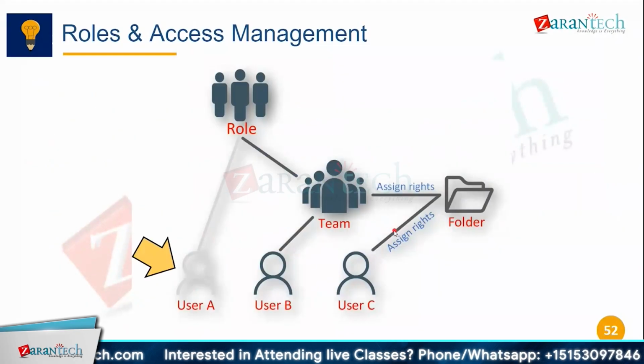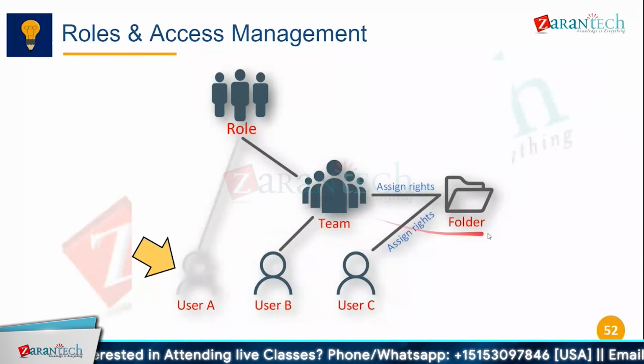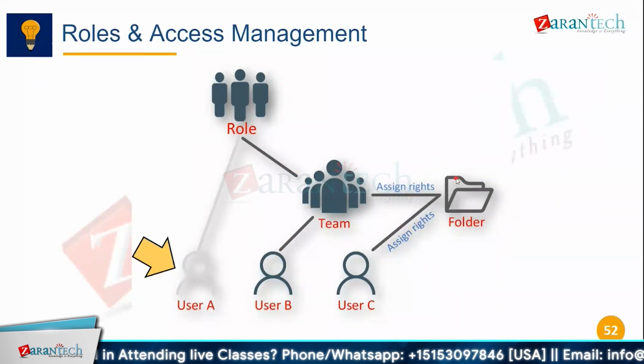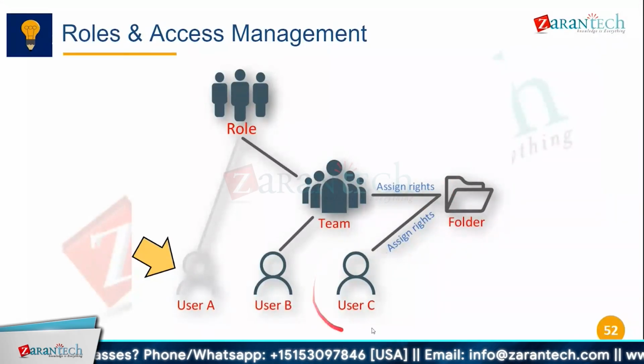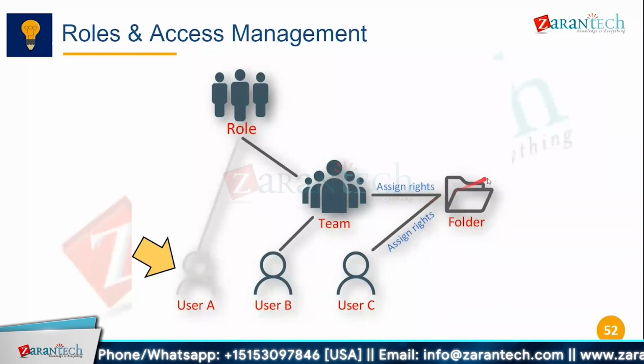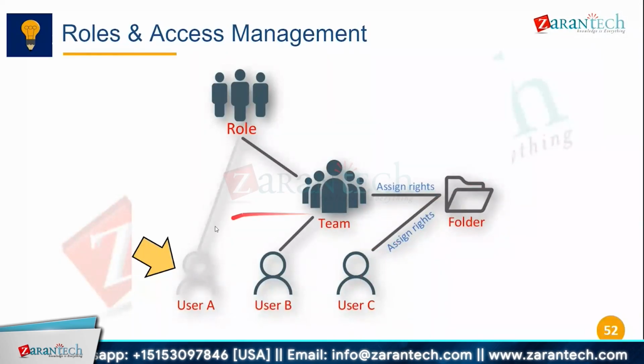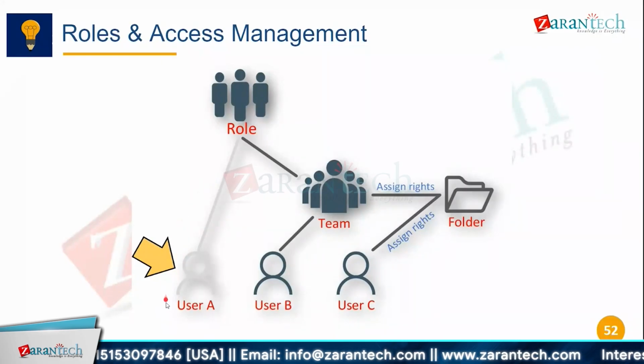So it is always suggested to maintain teams and then assign these teams to the folders. Because if you assign individual users, for example, you created a folder and there is a person C, and only C has access to this folder, and you delete this person's role, then you need to assign it to the system owner. There is a lot of rework that needs to be done in order to assign the access to this folder if you have only one user assigned.